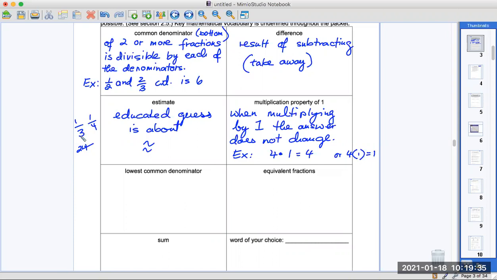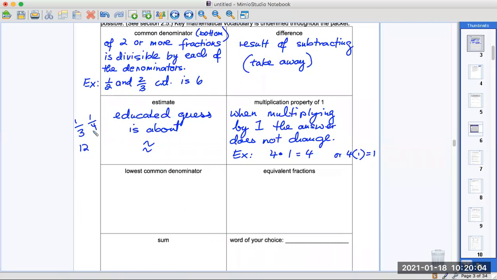Yeah, 24 divided by 3 is 8. And 24 is divisible by 4 because 24 divided by 4 is 6. But that's not the lowest common denominator because the lowest number would be 12, because 12 also is divisible by 3 and 12 is also divisible by 4. So the lowest number is what we usually want.